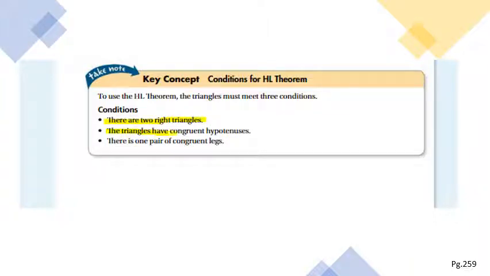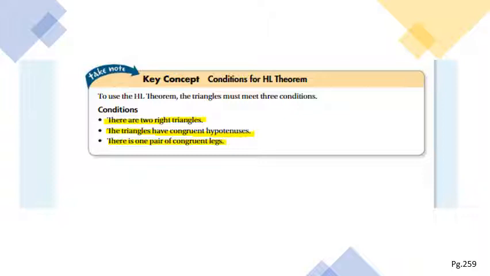The triangles have congruent hypotenuses. There is one pair of congruent legs. So if you find these three conditions in the two triangles, then you can prove by the HL theorem that the two triangles are congruent.